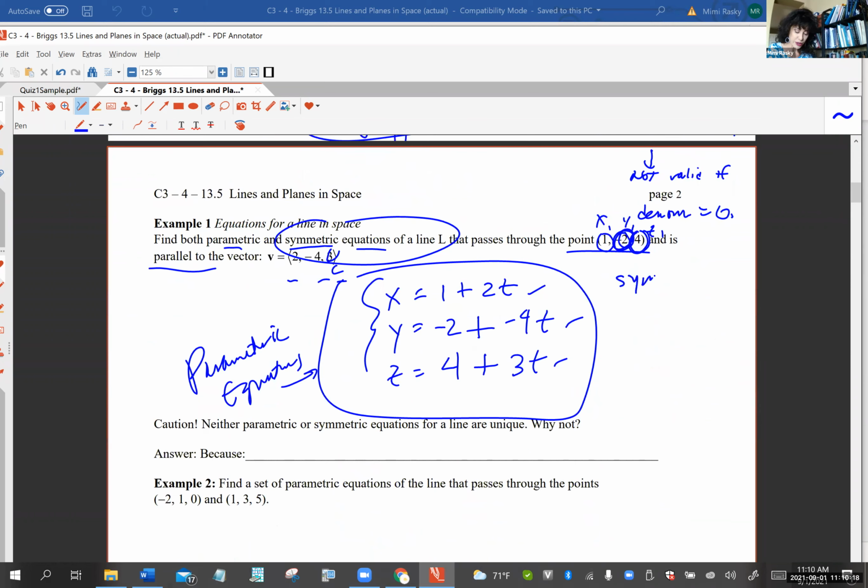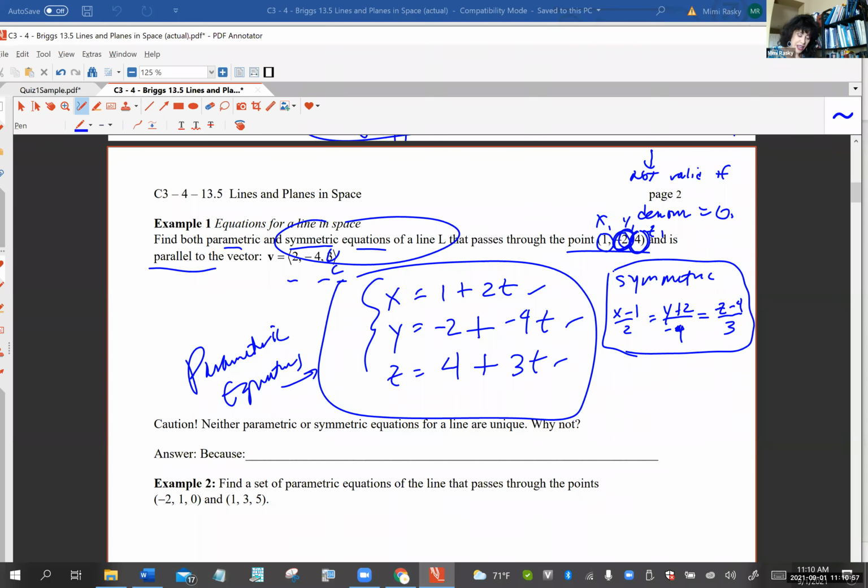So for us, the symmetric will look like, I'm kind of running out of room, x minus 1 over 2 equals y plus 2 divided by -4 equals z minus 4 divided by 3. And that is it. That's the symmetric equations. I don't like them. I'm just saying. And we're done with example 1.